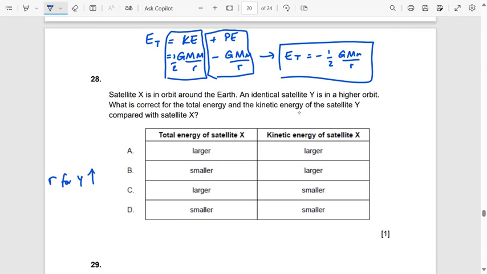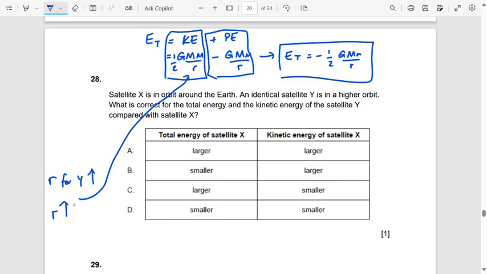So, right, doesn't matter which one we start with. Let's start with kinetic energy. So, the kinetic energy of X, is it larger or smaller than the kinetic energy of Y? So, Y, if R is greater, I'm looking at this bit here, if R is greater, kinetic energy is smaller.